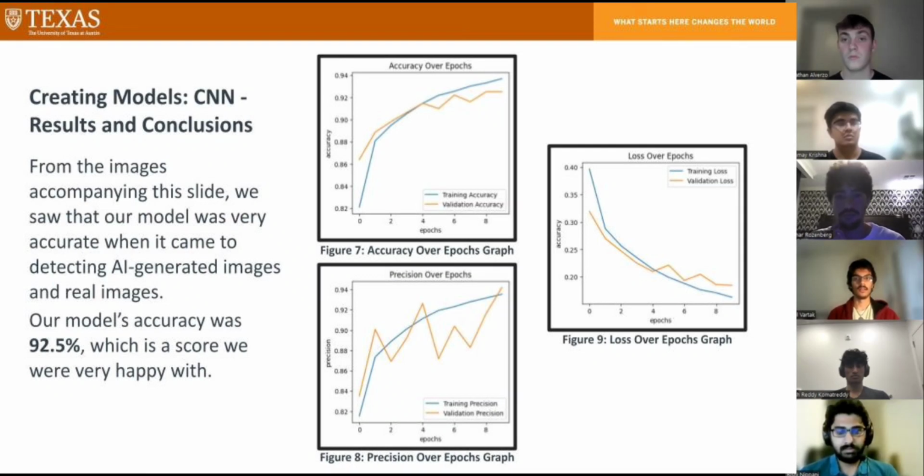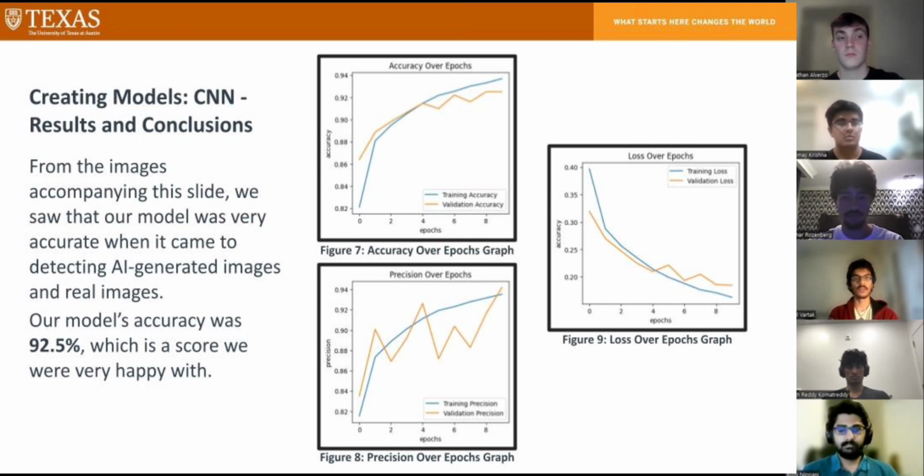The loss over epochs graph shows that the model is getting better at minimizing classification error on the training set, as the loss has decreased from 0.4 all the way to 0.05. And finally, the precision over epochs tells us that the model is improving in the proportion of positive identifications that were correct.